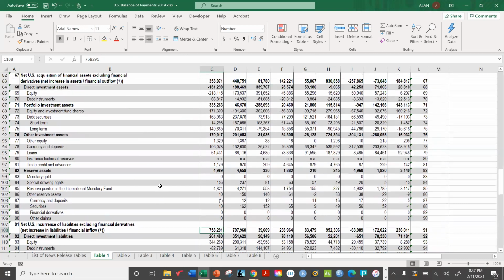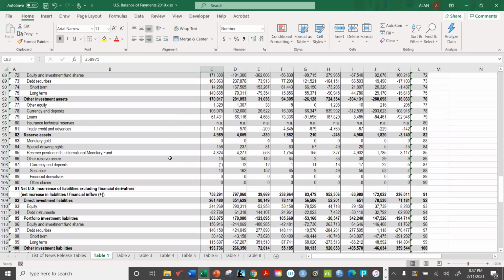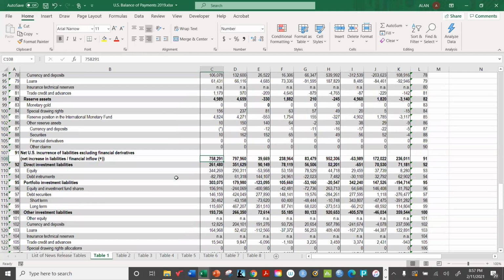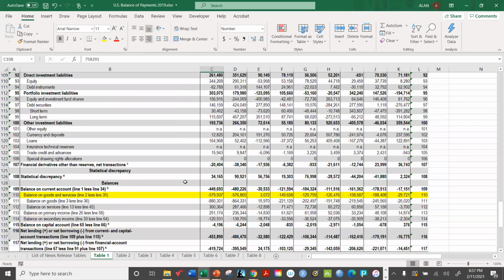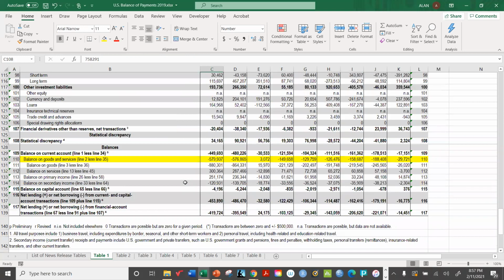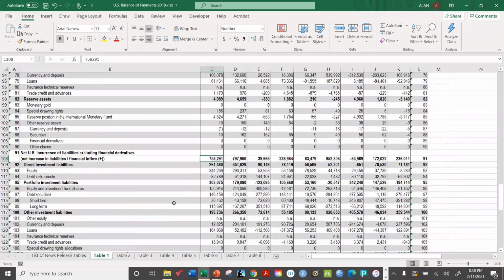So in other words, it looks like the balance here is the difference between this one and this one. Wow, so it looks like we do have a deficit here. Wow, I don't know. They've made it very confusing, that's for sure.